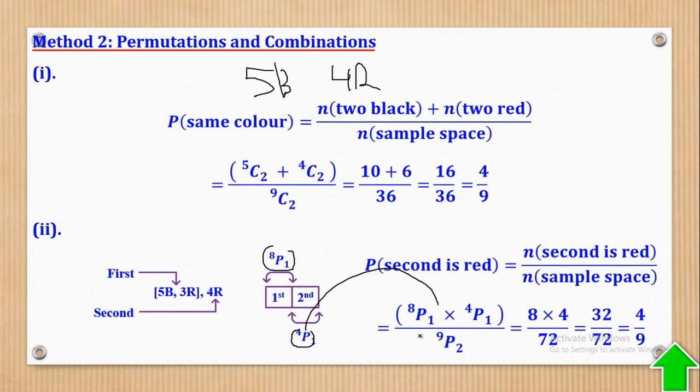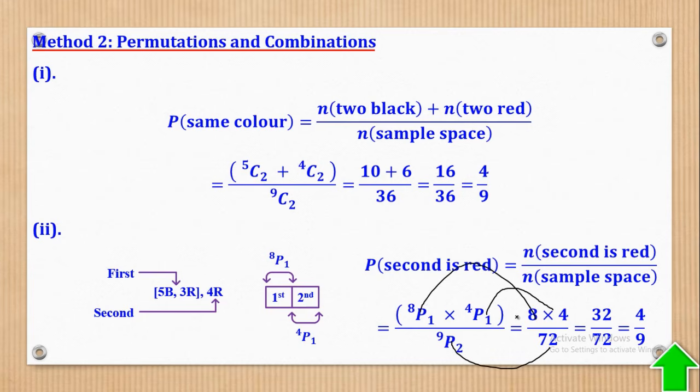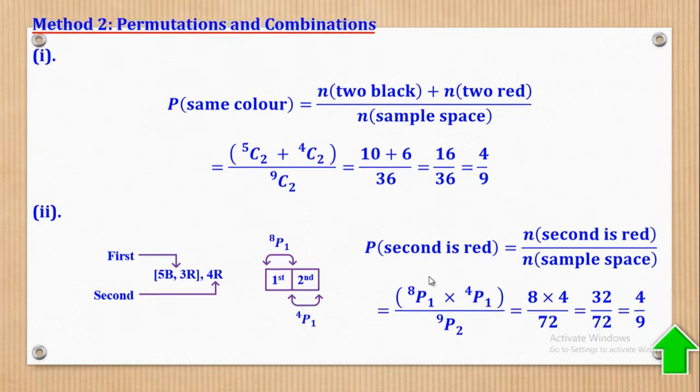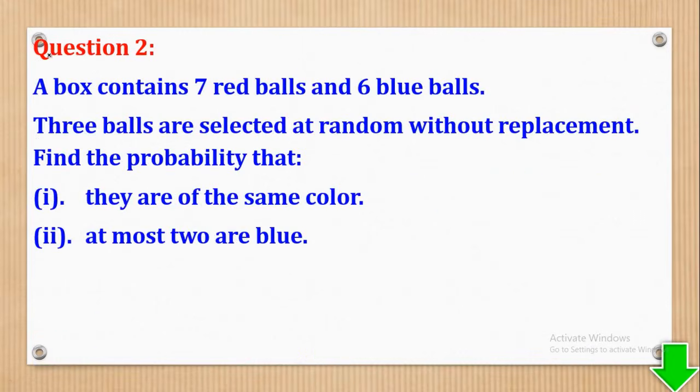But out of the 9 we need 2, that's why we have 9 permutation 2. So using the calculator, this gives you 8, this gives you 4, and this gives you 72. And in the end you come up with 4 over 9, which is the required probability, and it's the same as before. So that is question 1. Then we shall go to question 2.